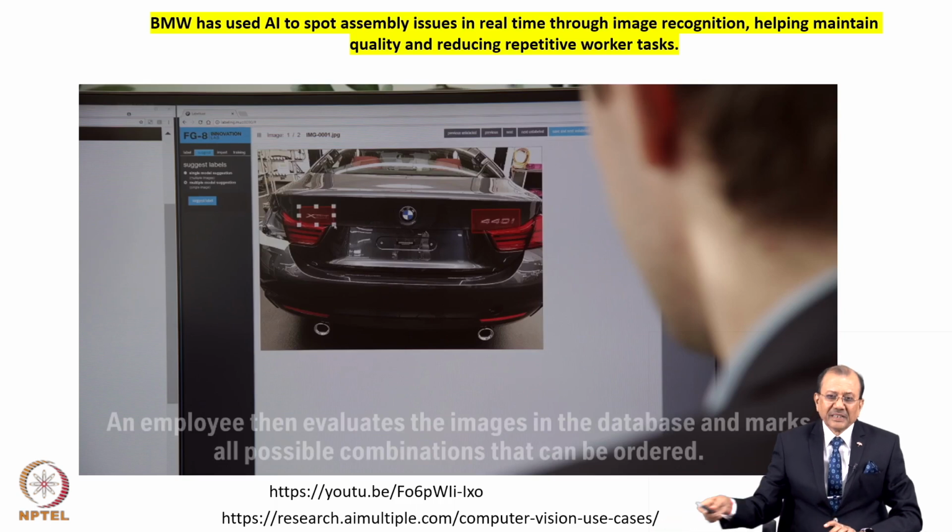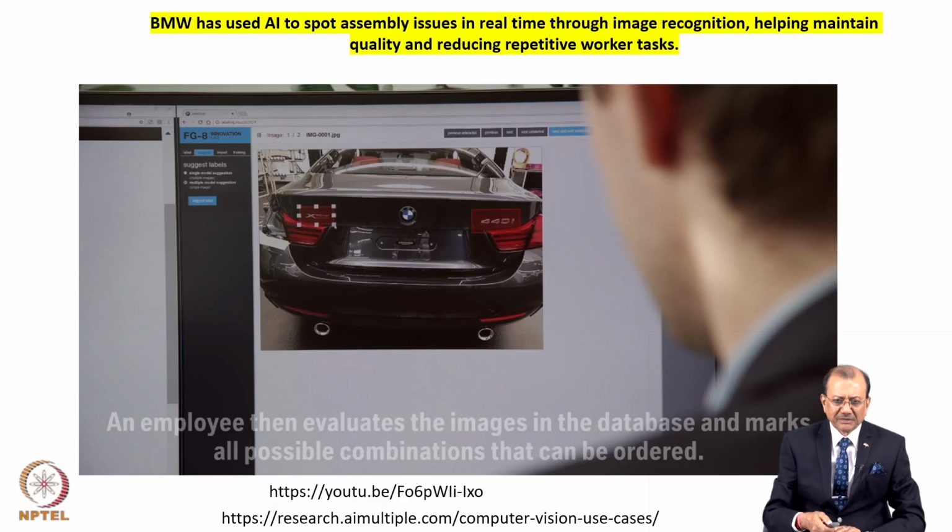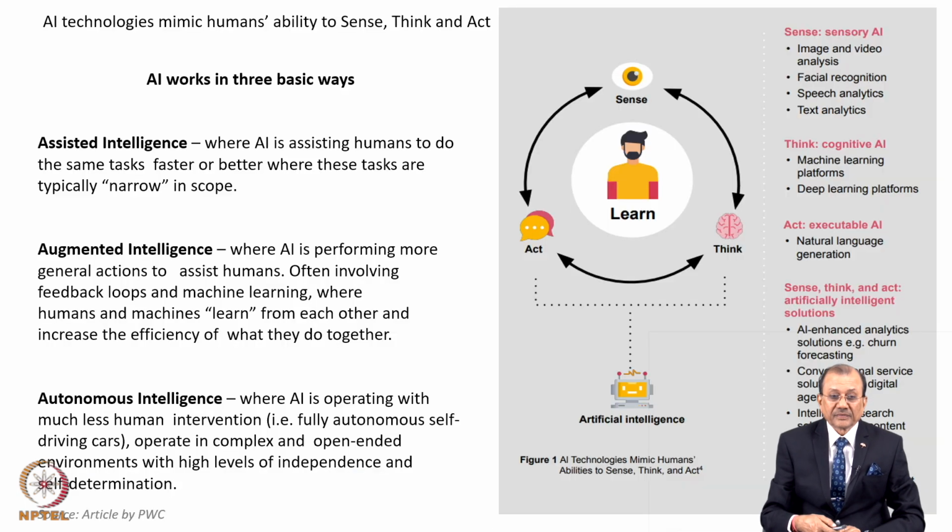So I thought we would start today's session with a live example, and BMW is one of the world's high quality four-wheelers, with high value and high quality. We have seen that the use of AI technology, in particular computer vision and visual AI, in the automobile industry is very, very large.